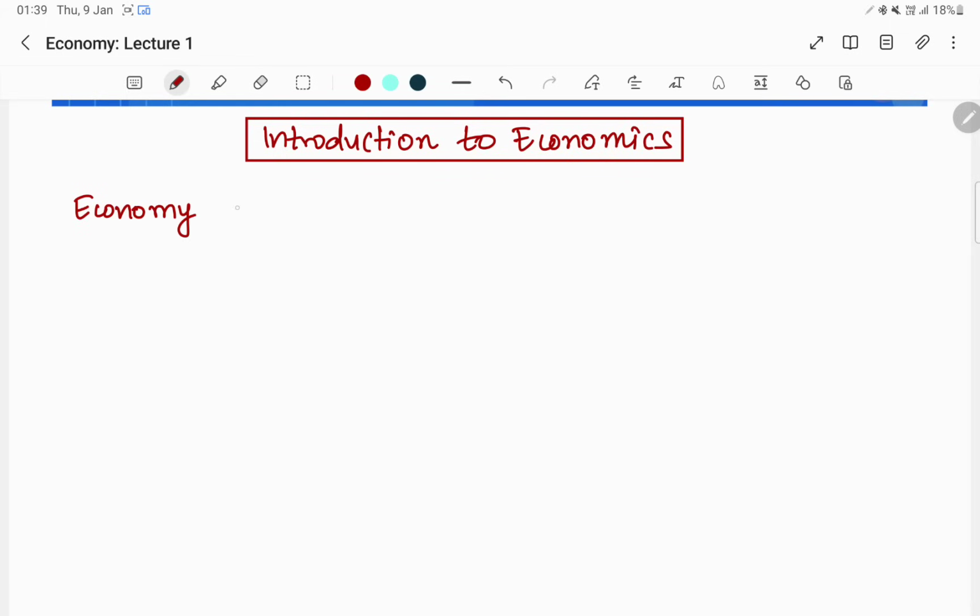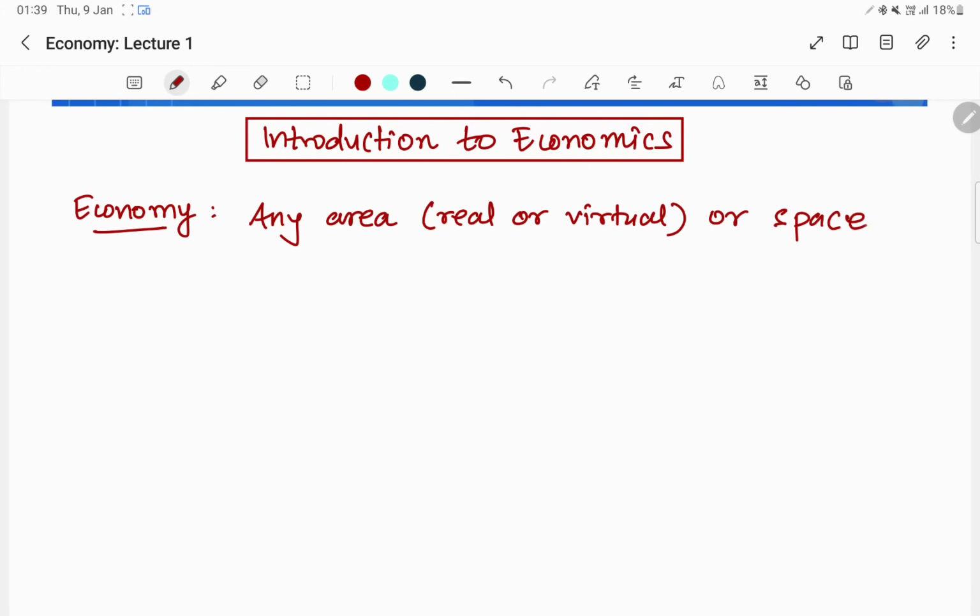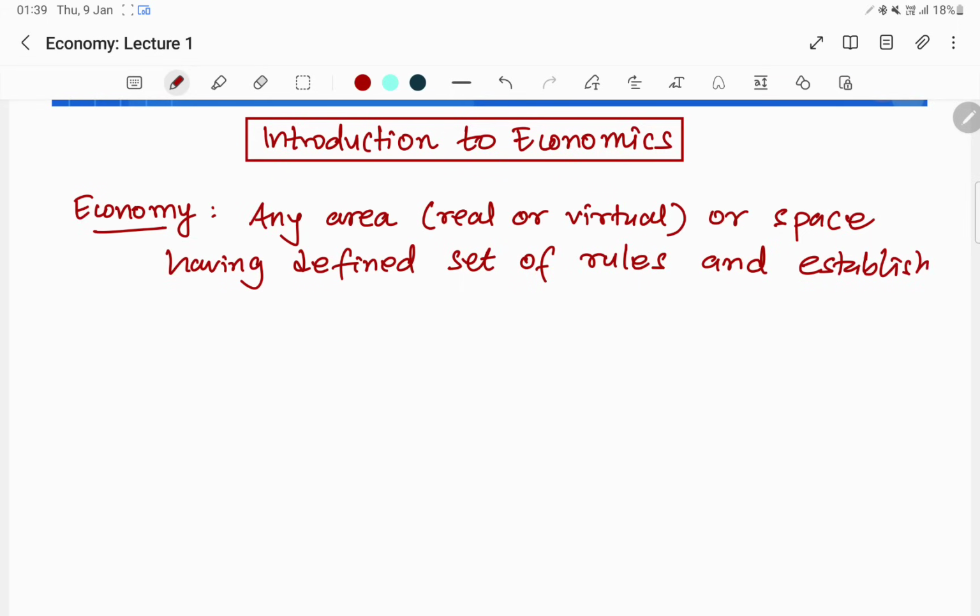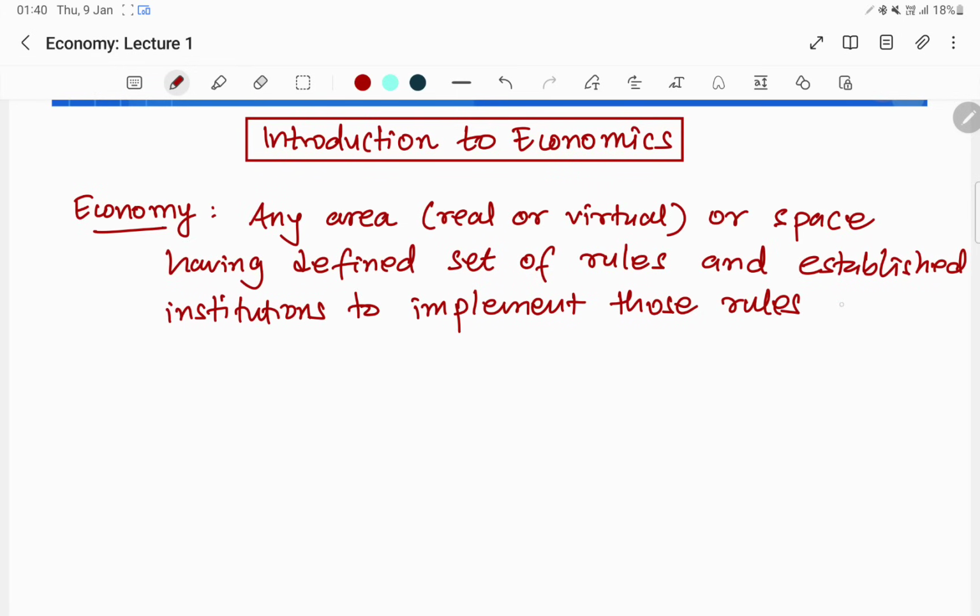What is an economy? Economy: any area, real or virtual, or space having a defined set of rules and established institutions to implement those rules is called an economy.